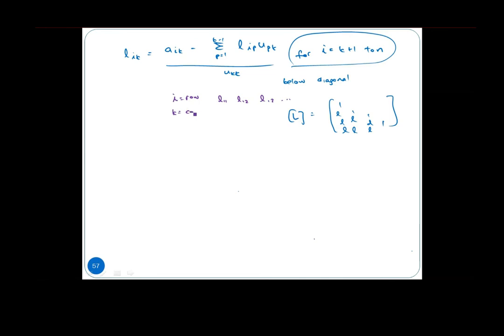K is the column. If K equals 1, my I has to be K plus 1, so it has to be 2.